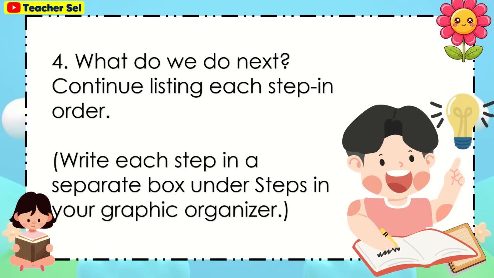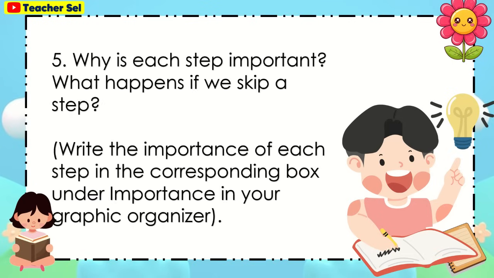What do we do next? Continue listing each step in order. Write each step in a separate box under steps in your graphic organizer. Why is each step important? What happens if we skip a step? Write the importance of each step in the corresponding box under Importance in your graphic organizer.